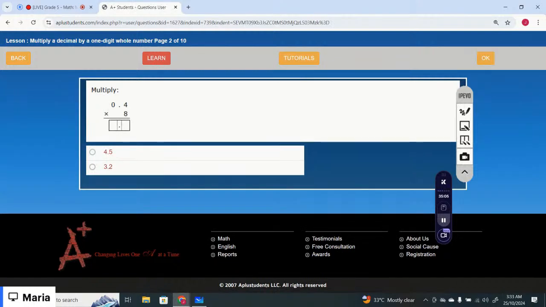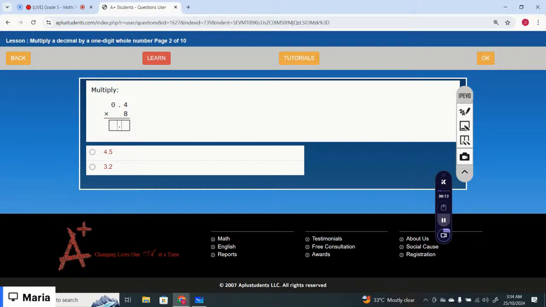0.4 times 8, which is the correct option. That is 3.2.